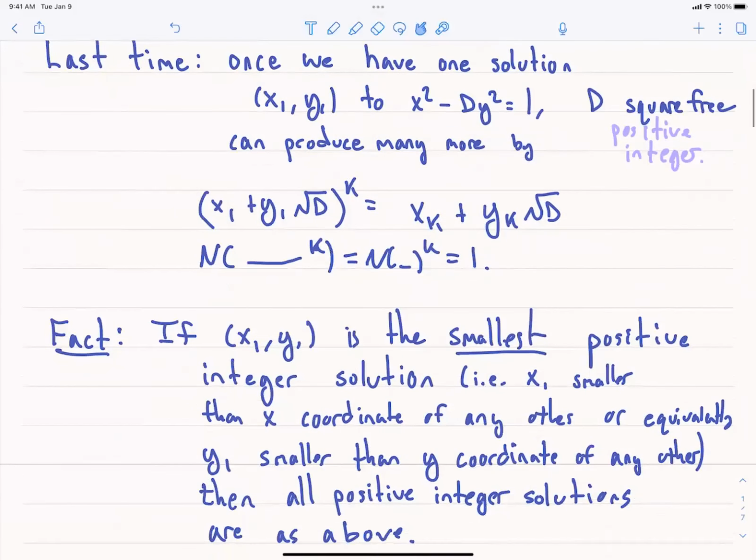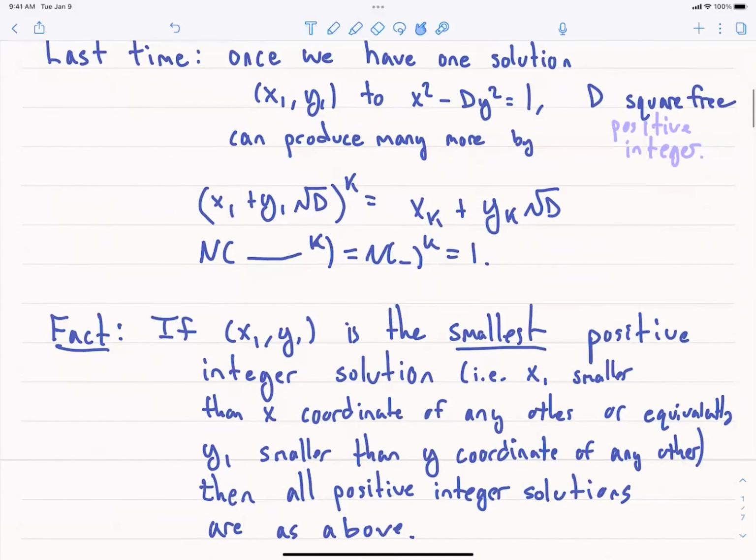Here's a fact that I said last time, but let me say it again. If x1, y1 is the smallest positive integer solution, so what do I mean by smallest? I just mean the x coordinate is the smallest of all x coordinates of positive integer solutions, or the y coordinate is the smallest.